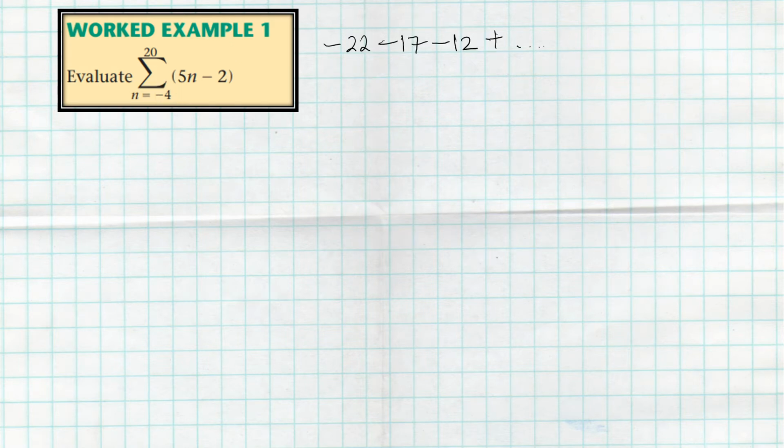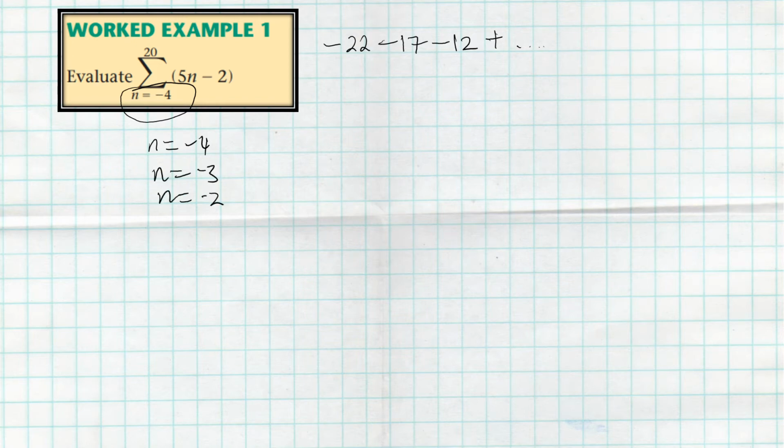Previously, I've been showing you how to get those first three terms of that series. Very important, as I've said, you check your starting point and substitute n equals minus 4, and you move going up, n equals minus 3, n equals minus 2.